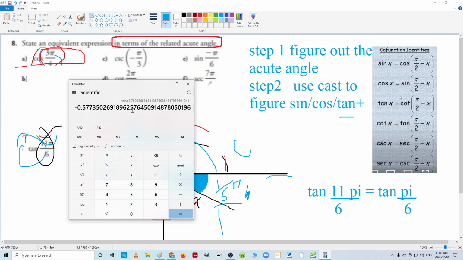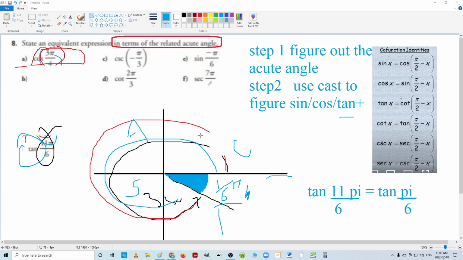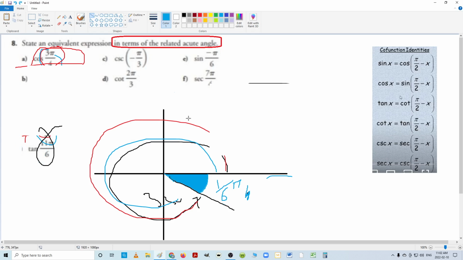Let's try that again. Oh, stupid me. I'm sorry about that. I did the CAST wrong. C A S T. Cosine's positive here. Tan is negative. So that means tan of 11/6 pi is going to come out as negative.